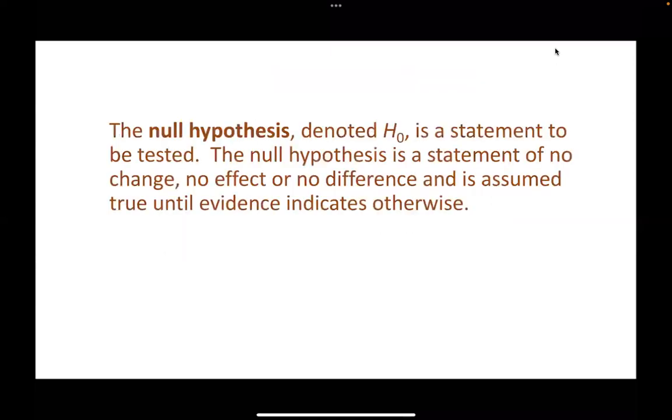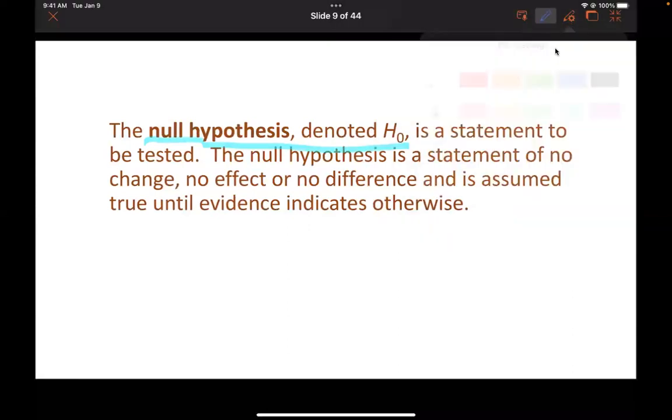So this is where you need to start actually writing stuff down. So a null hypothesis, the symbol is H sub 0, H naught is how you would say it. This is the statement to be tested.